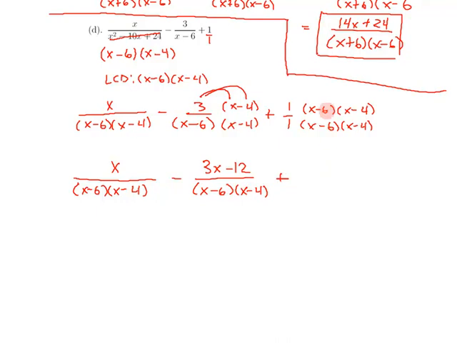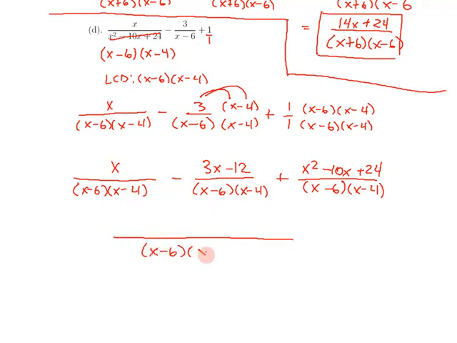Plus, now I need to multiply out this numerator. 1 times this is going to be itself. But now I can FOIL that, and end up with x squared minus 10x plus 24, all divided by x minus 6, x minus 4.